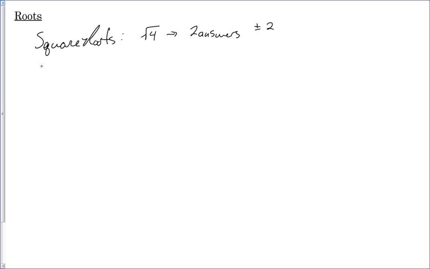And for cube roots, such as the cubed root of 27, we're actually going to have 3 answers. We're going to have positive 3, but then we're also going to have 2 complex roots.